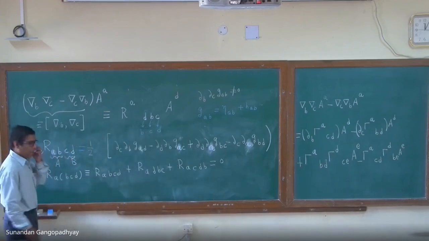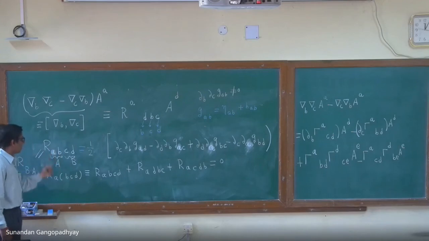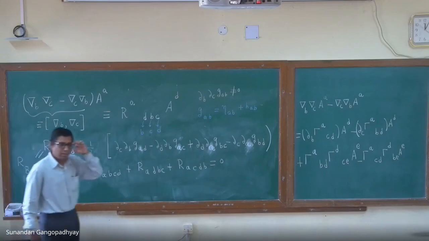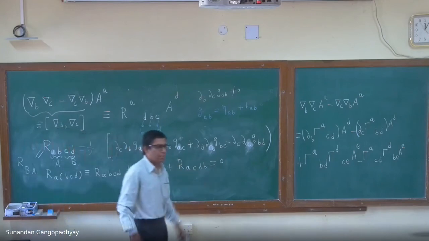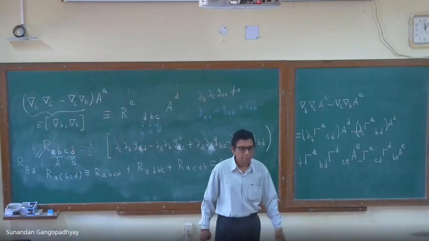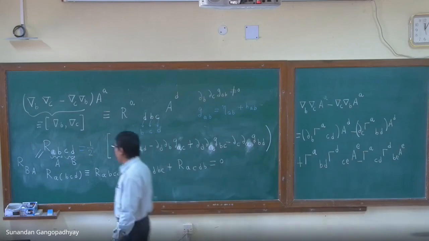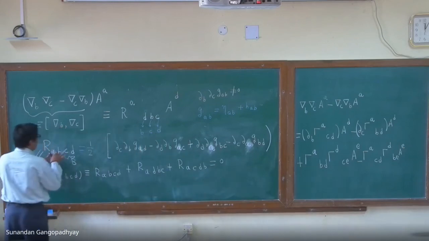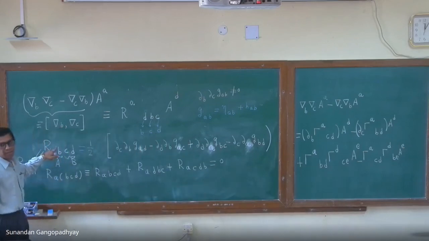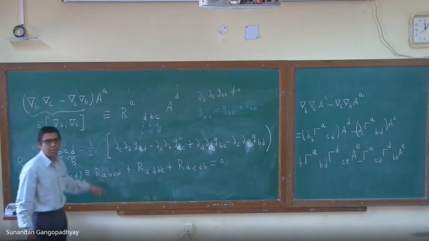So just consider this matrix R A B. So what kind of a matrix should it be? It should be a 6 by 6 matrix. Right? Because this sector is antisymmetric in A B. So number of independent components is what? 4 into 3 by 2, 4 is antisymmetric in A B. So number of independent components is 6.